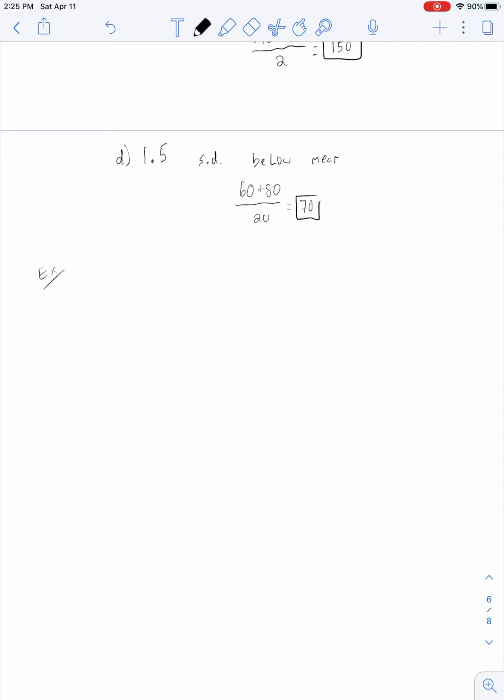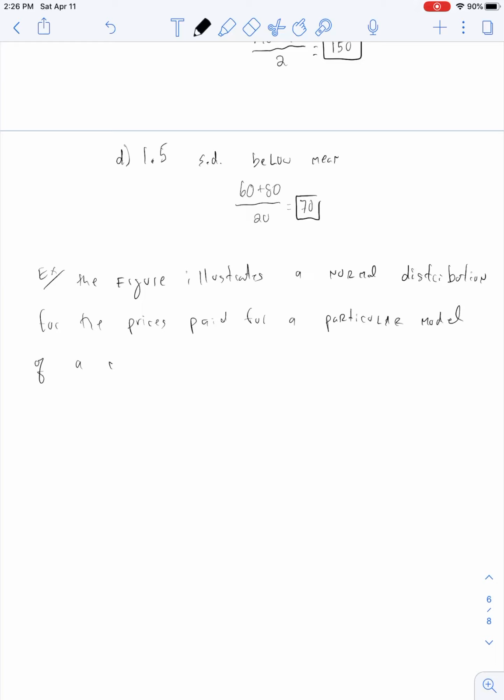How about we say that the figure illustrates a normal distribution for the prices paid for a particular model of a new car.